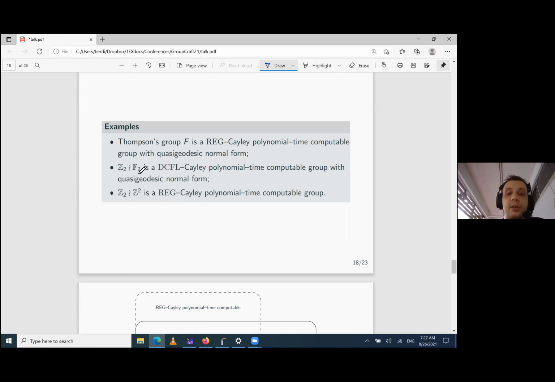Then the wreath product Z2 with F2 is deterministic context-free Cayley polynomial time computable. You can do multiplication in polynomial time, and the form is quasi-geodesic. Well, this group is actually quite bad. It is regular Cayley polynomial time computable, but I conjecture that you cannot construct a Cayley polynomial time computable representation with quasi-geodesic normal forms.